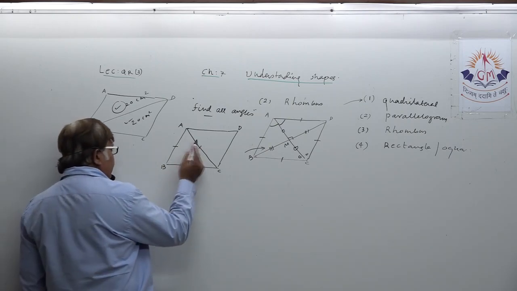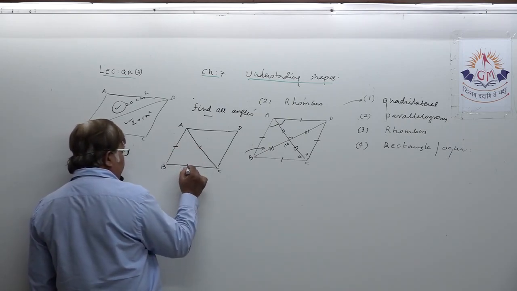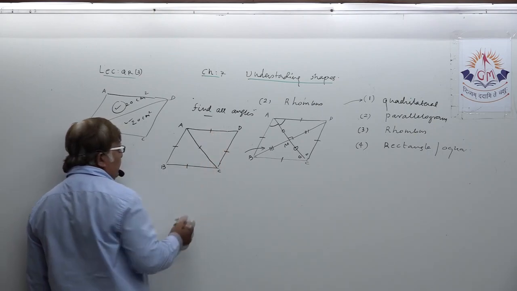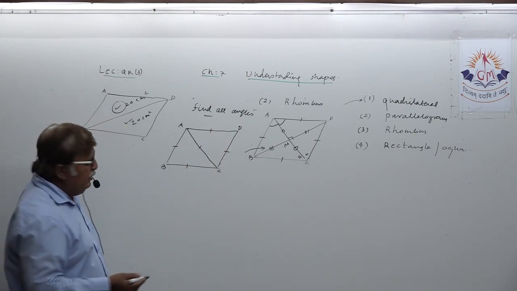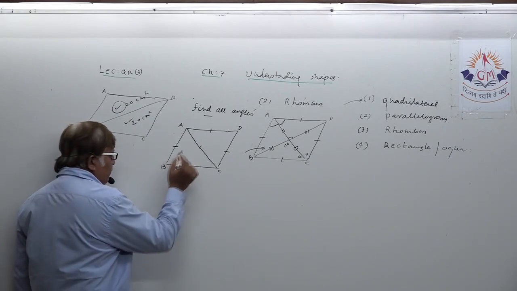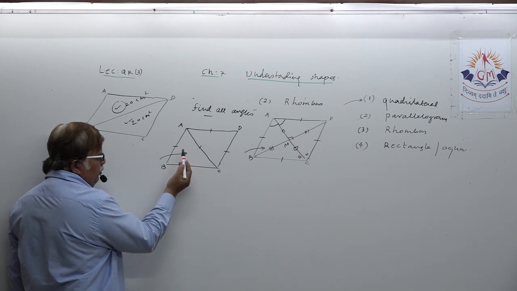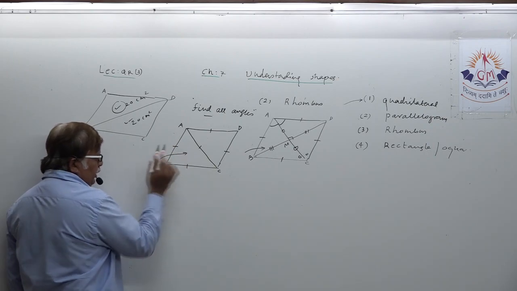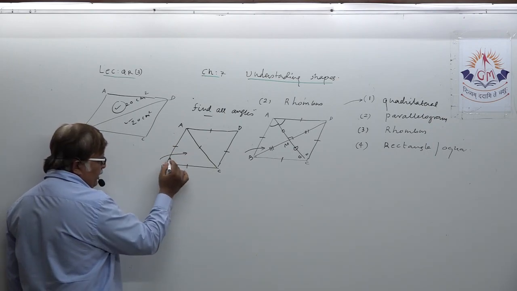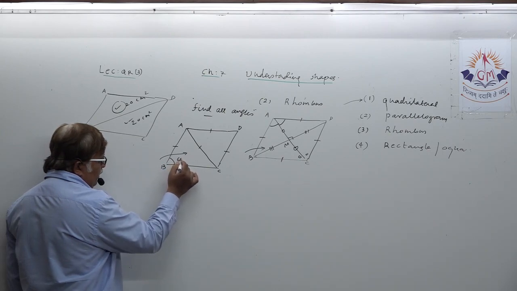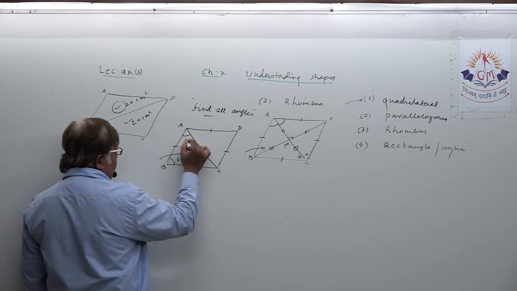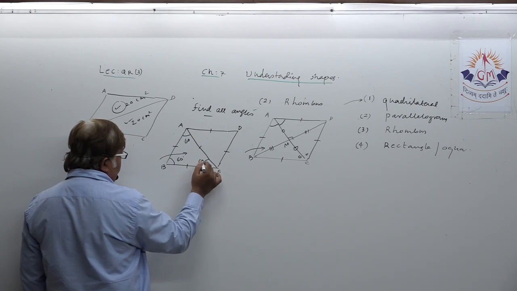Now when AC equals AB, it means AC equals BC, CD and AD, because all sides are equal. So here you are getting which type of triangle? Equilateral triangle. So an equilateral triangle has all angles 60 degree. This is also 60, this is also 60.